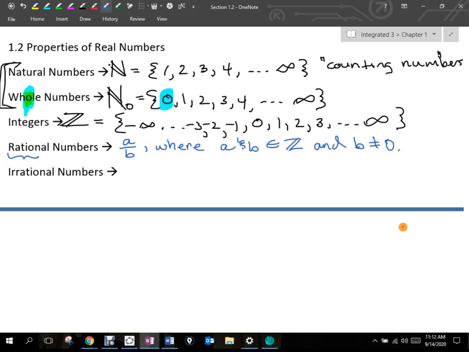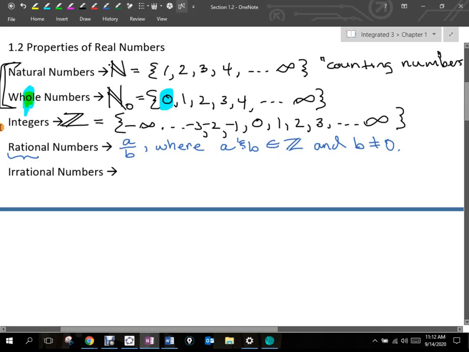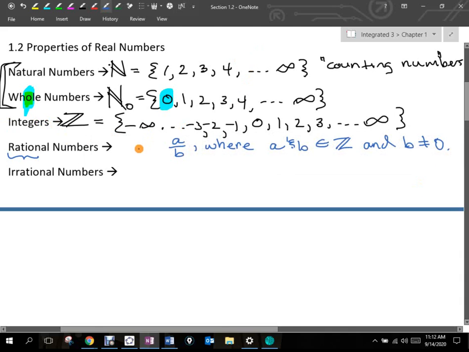Irrational numbers. I guess this isn't a big deal, but if you want an abbreviation that we use for rational numbers, we use a Q, like a little cursive Q. Does anybody know why? What word with fractions or division starts with a Q?